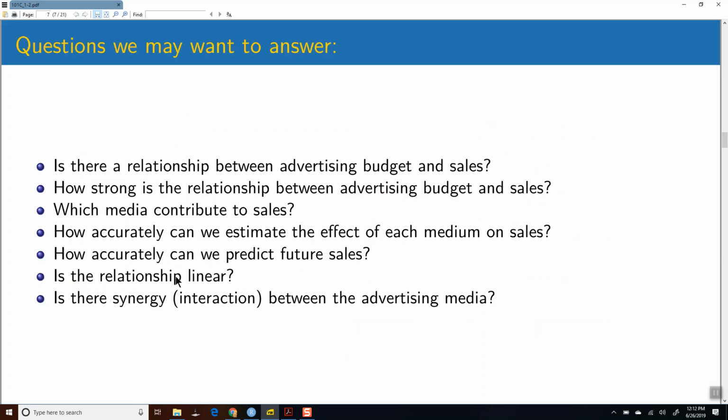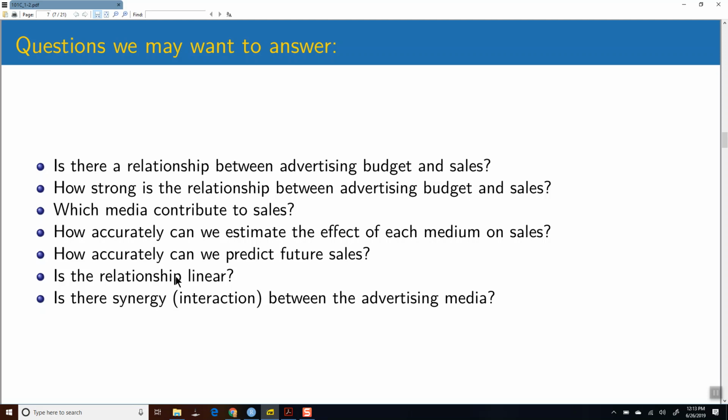We have different questions that we might have, and these can all be answered with linear regression. Linear regression is a simple approach. We covered it earlier on, and you've already had a course on it. But it's very powerful and very interpretable, so we can answer a lot of these kinds of questions. Is there a relationship between how much you spend on advertising and sales?